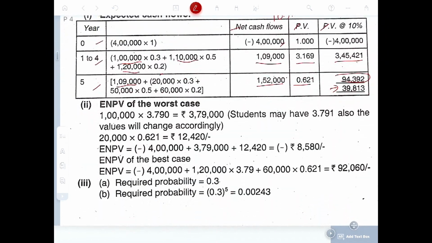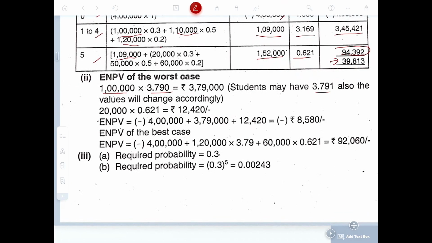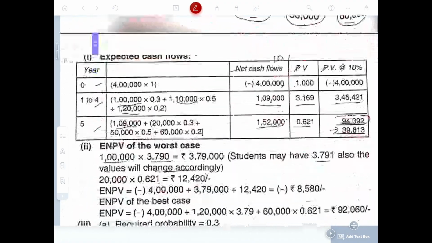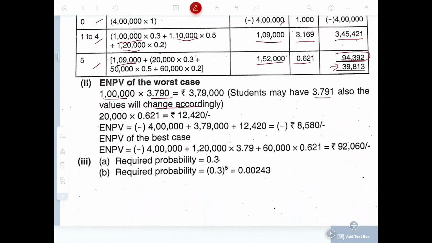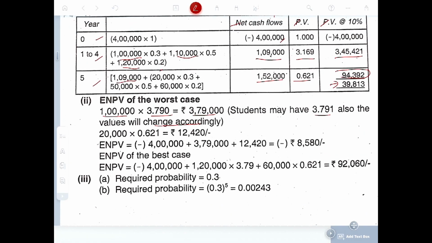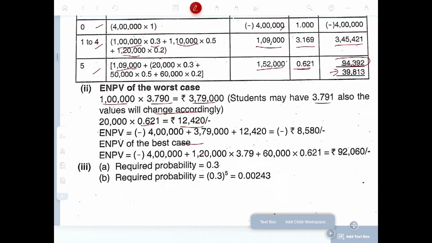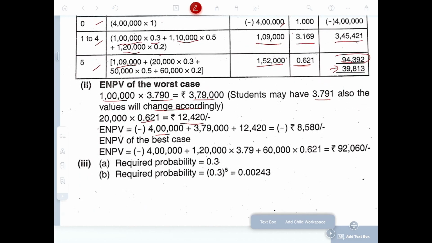Worst case: 1 lakh into 3.79, and 20,000 into 0.621 is 12,000. 4 lakhs minus 3 lakh 79,000 plus 12,000 is 30,000 loss.